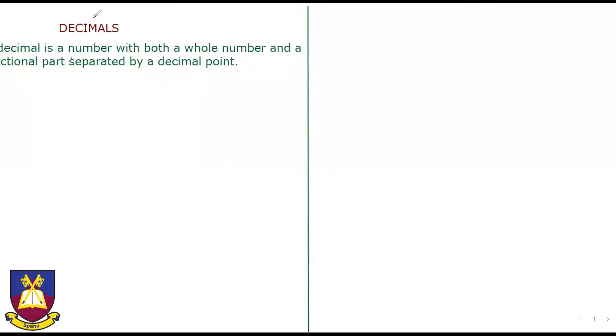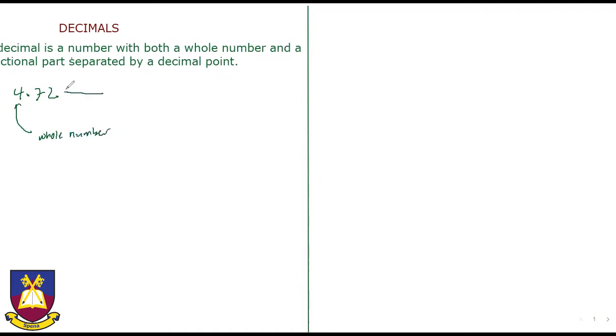Let's look at decimals. A decimal is a number with both a whole number and a fractional part separated by a decimal point. For example, 4.72 is a decimal because it has a whole number 4.